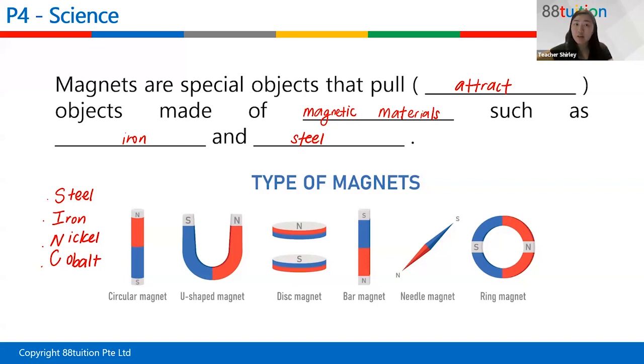Pull means they attract objects made of magnetic materials, such as your school is not cool, which stands for steel, iron, nickel, and cobalt. Nickel and cobalt are not really in your syllabus, but it's still good to know additional information. Your syllabus will be focusing on only steel and iron.